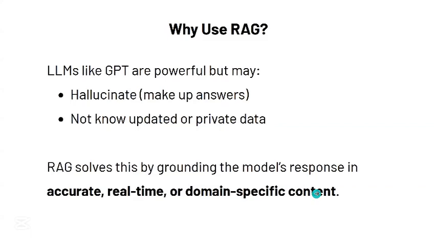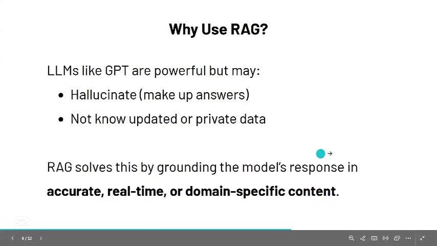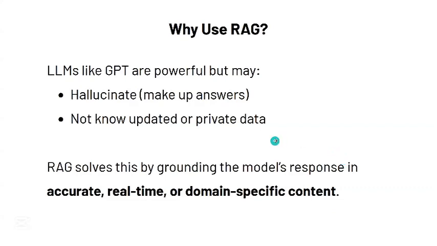If we consider the cutoff date of those models, for example ChatGPT, the latest point of time up to which the model was trained on data is 2023, as I remember. So that means those are not up to date.